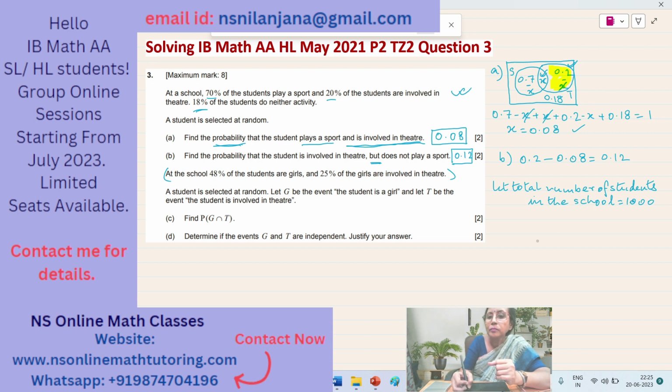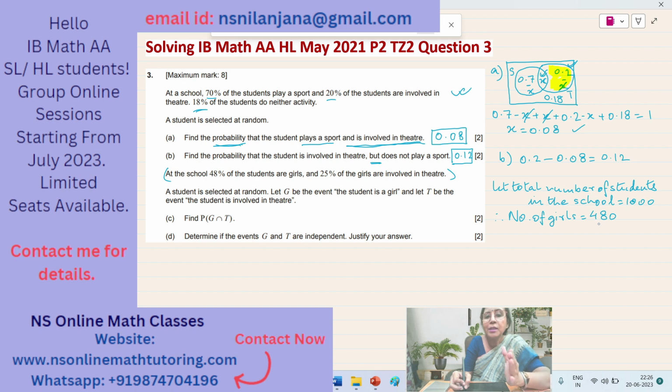Okay, then therefore the number of girls will be 480 because 48% are girls. Number of girls is 480. Number of boys is 520. If I need it, I'll be writing it later on.